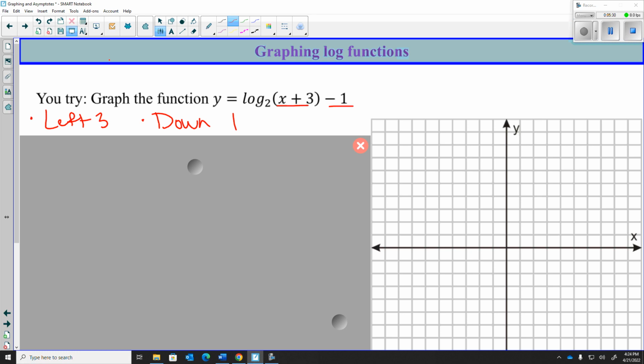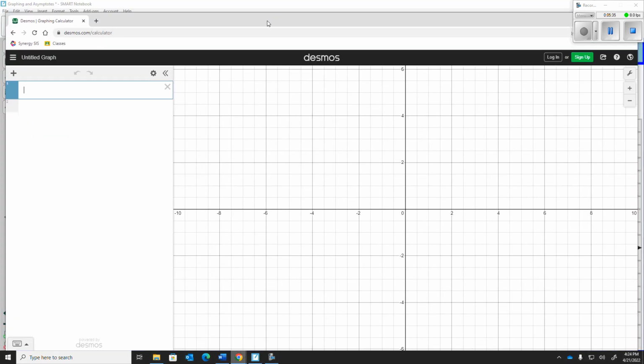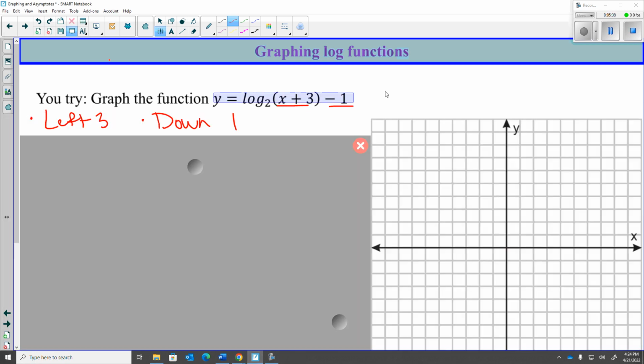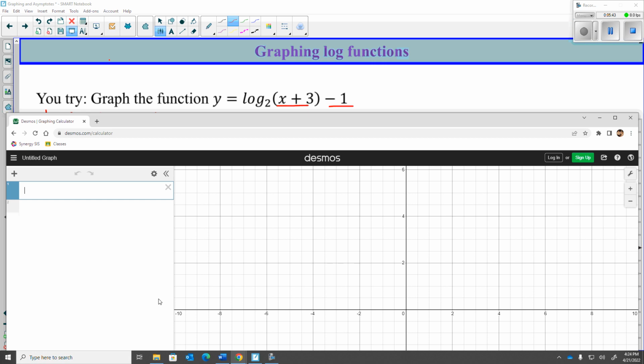So I'm going to pull up the Desmos graphing calculator, and I'm going to graph this equation, okay? Here's how you're going to do that. You're going to type y equals log, just type it, log. Here's how you type the base 2. You're going to hit shift, and then you're going to hit the hyphen button.